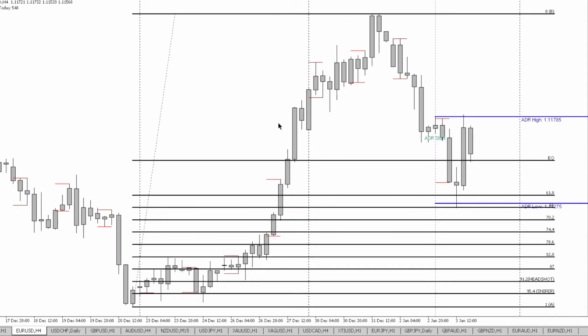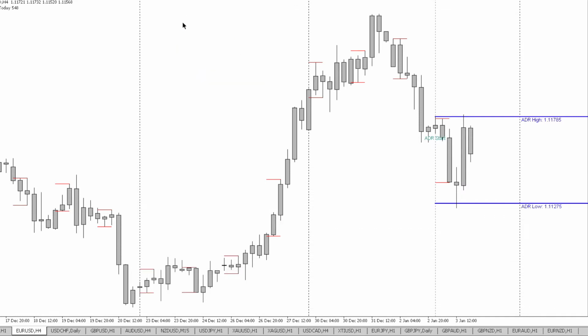For me that is a lot of confidence for a highly precise entry, because euro started the day bearish, came right down, did its 51 pips, which is just past our 61, in between 61 and 66. So for me, that's created a high probability area.